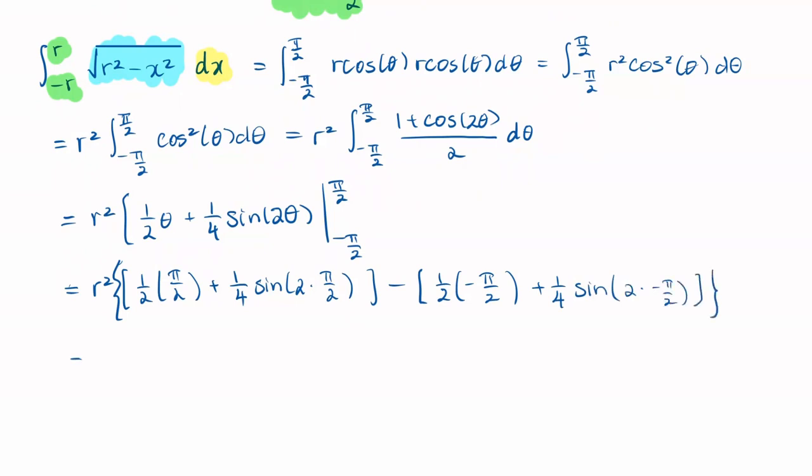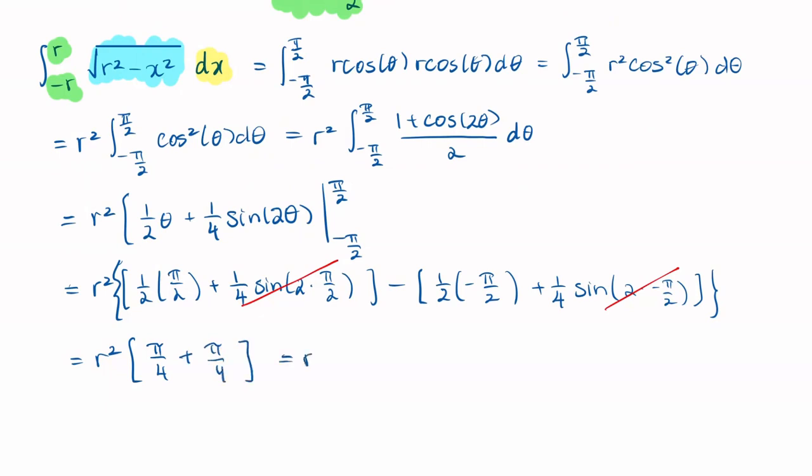There are some terms that we can cancel out. What we get on the inside is pi over 4 for the first one, and the second one is also pi over 4, so plus pi over 4.